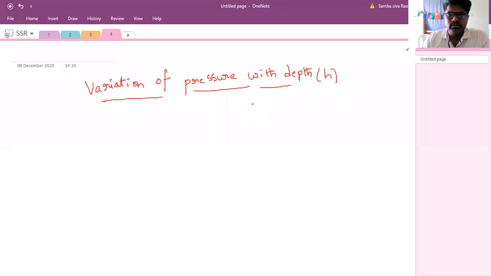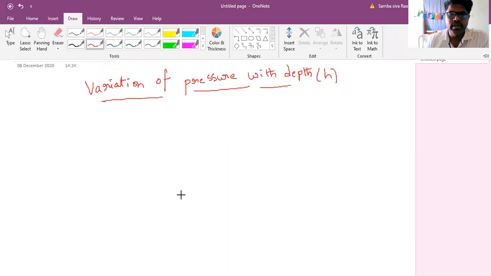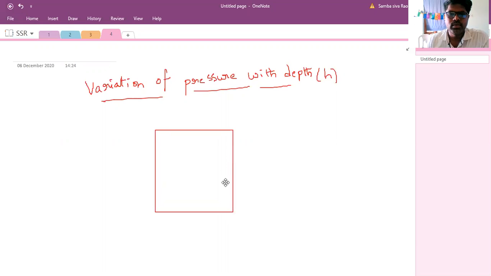Now you can see again the same. You can take a container. First you can take a vertical tub, like this. In this, some liquid is filled.